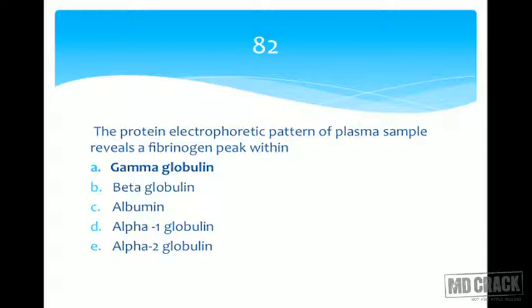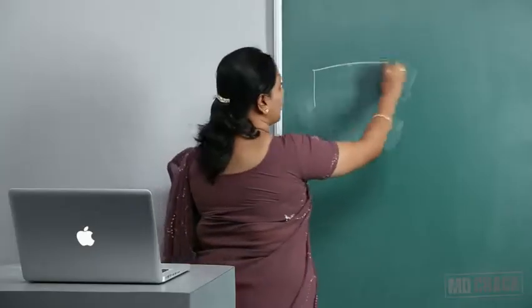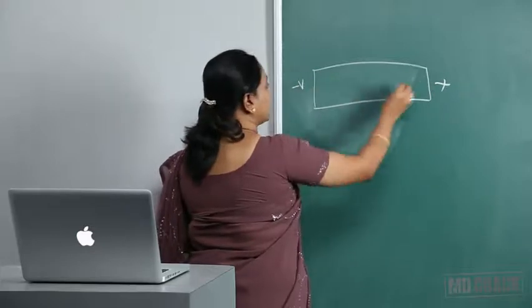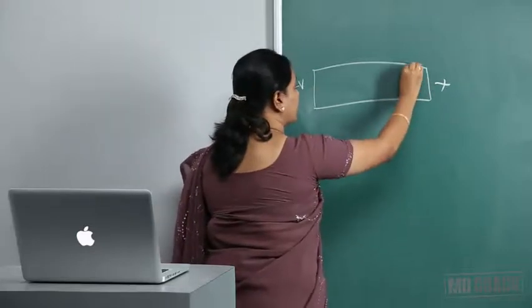So if you look at the electrophoretic pattern, always remember how electrophoresis is taking place. When serum is subjected to an electrical field, movement takes place. If you put a slide, and this is the positive, this is the negative, the first band will be albumin, a thick band.